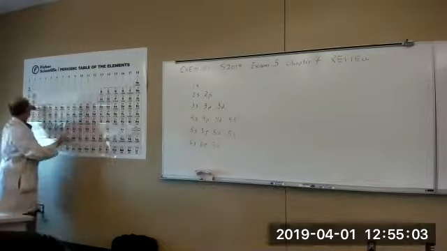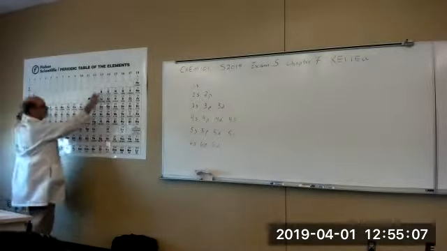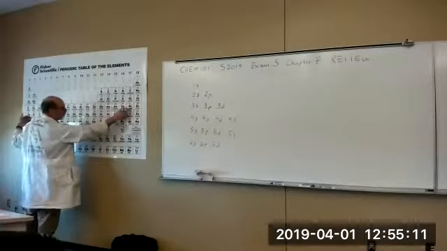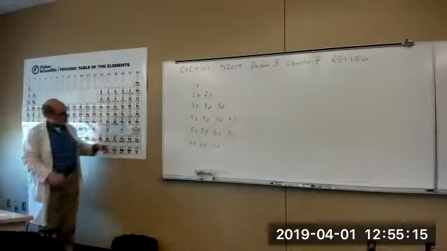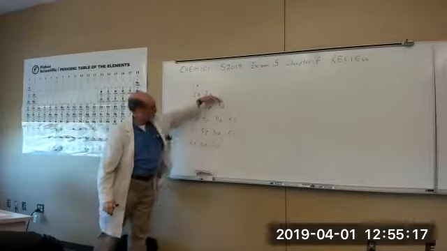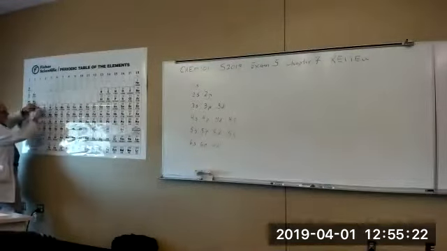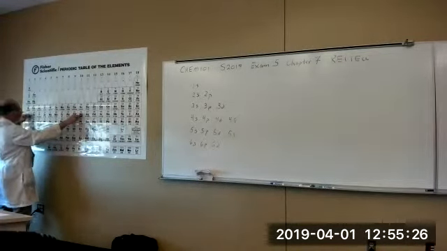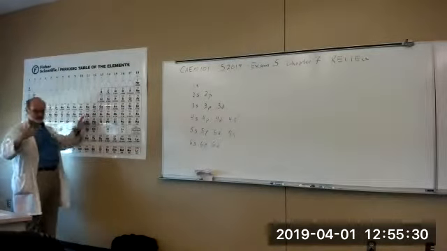These will all be 1s, 2s, 3s, 2p, 3p, 4s, 4p. But when you get into the transition elements, you have to back up, just like we did here. So this is going to be 3d's here. This will be 4d's, whereas this will be 5s and this will be 5p. Okay, that's the way the table's built.